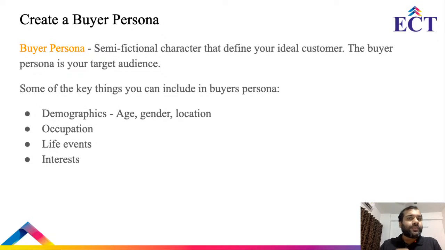Or your buyer persona could be a 55-year-old man who is running a small business, trying to grow his business and using digital media, but does not know about blogging, advertising, and all. And they are looking for somebody who can create content for them so that they can grow their website digitally, get more traffic, etc.